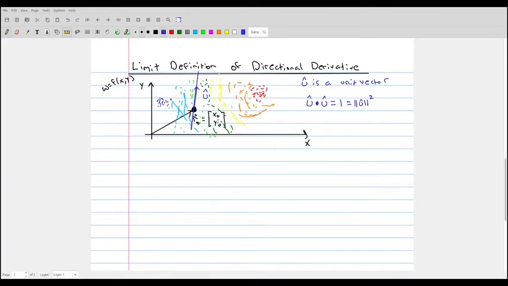Now if you change the direction of u hat, this line changes, but what we want to do is figure out the parameterization of that line. I'll call it L of t for short.